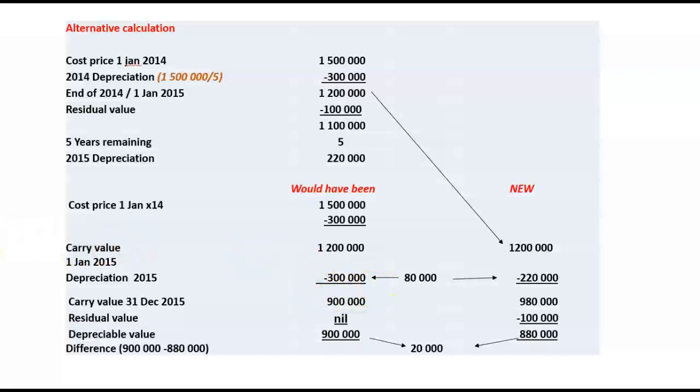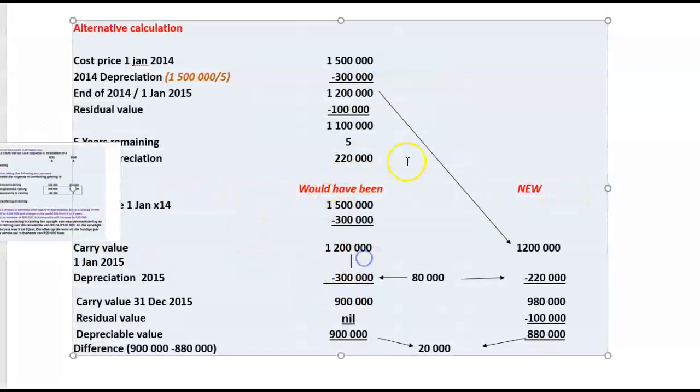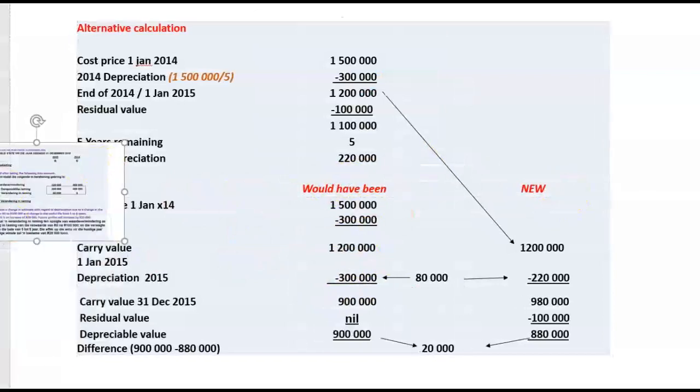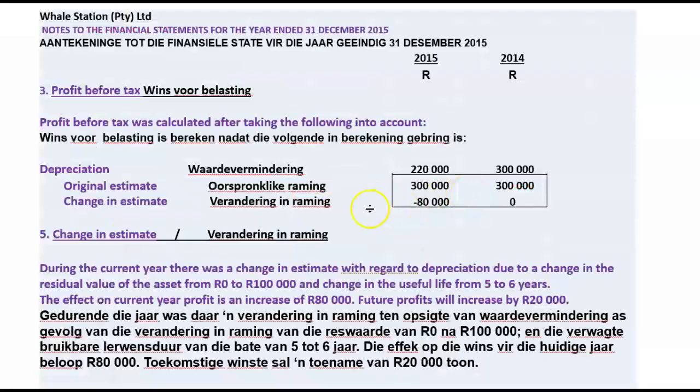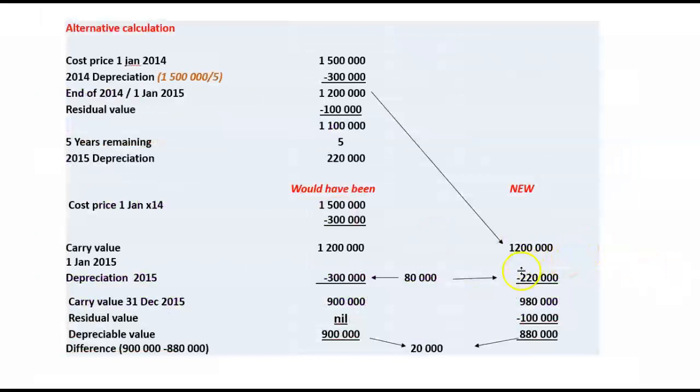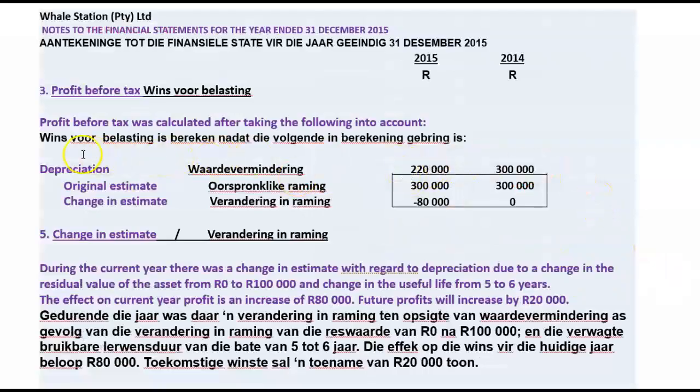Again, 300,000 Rand. So our original estimate here is going to be the original 300,000, which we would have written off if we did continue. How much are we in actual fact going to write off? We're going to write off in actual fact only 220,000. So that is our actual depreciation charge for the year.